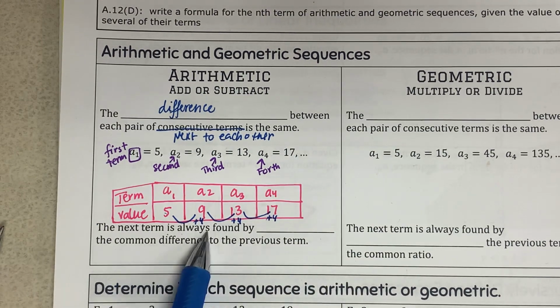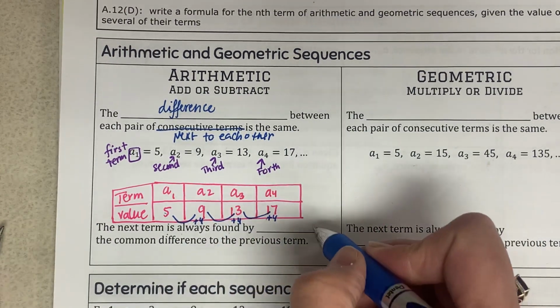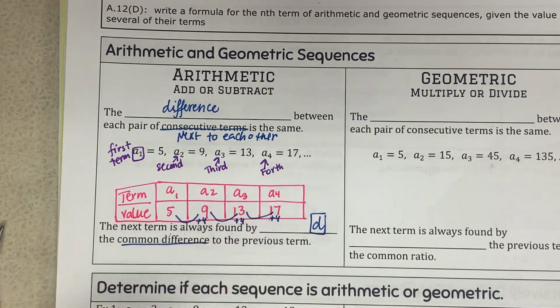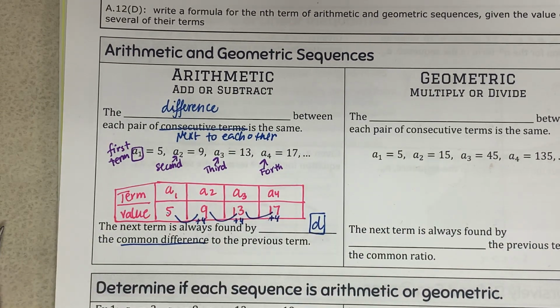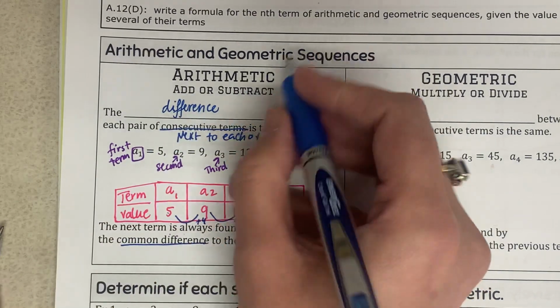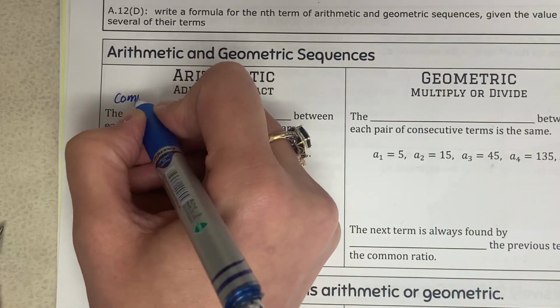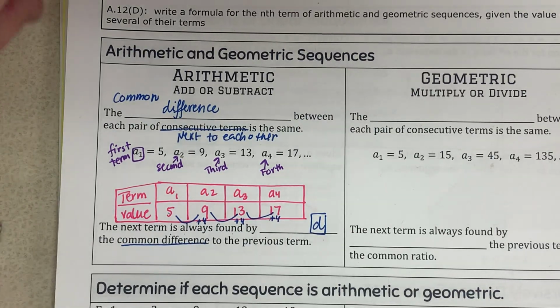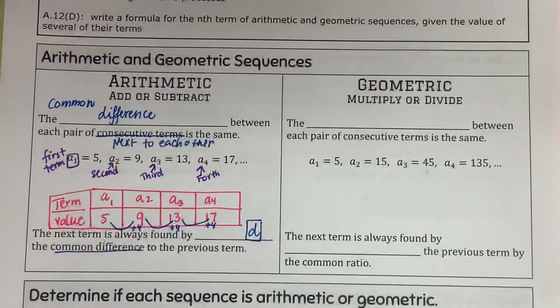The next term is always found by adding D, a small letter d, which stands for the common difference, to the previous term. So over here, you can actually write common difference. And it will work. So in an arithmetic sequence, you're adding or subtracting.